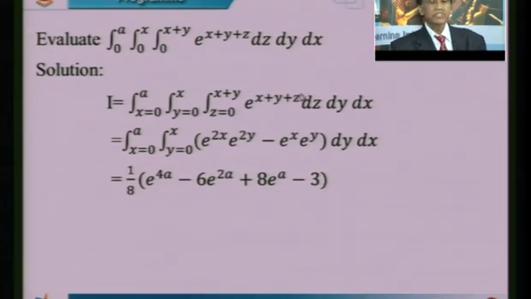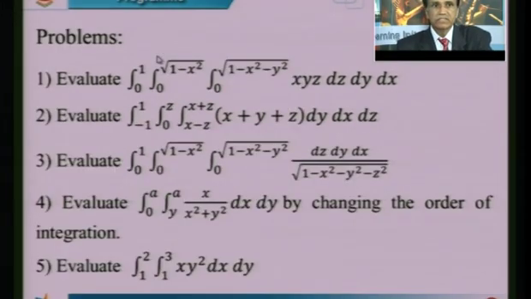That is an exponential, so you can split e to the power of x plus y plus z into e to the power x, e to the power y, and e to the power z. You will be integrating in a similar fashion as we explained earlier, since x plus y appears in the limits.